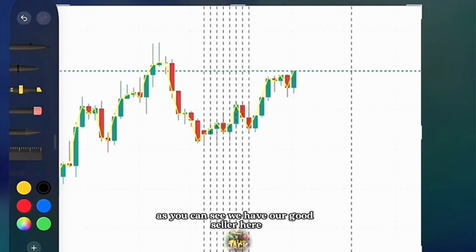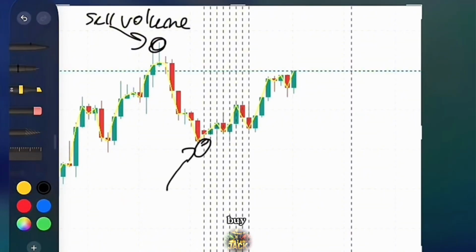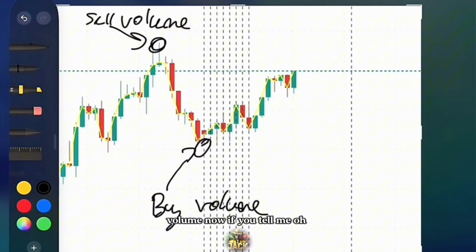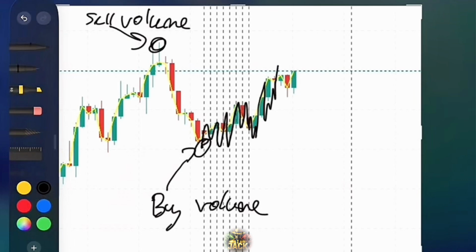As you can see, we have our good seller here, which is the sell volume, right? And here we have our buy volume. Now, if you tell me, oh, it's a sell, then no. Read the chart. Okay? Price started, boom, boom, went down, boom.